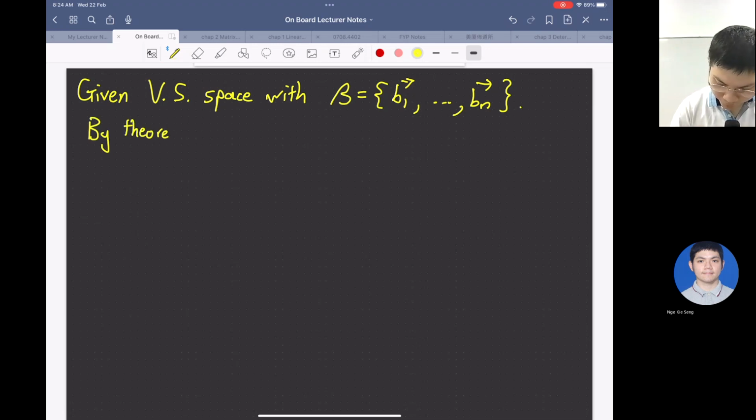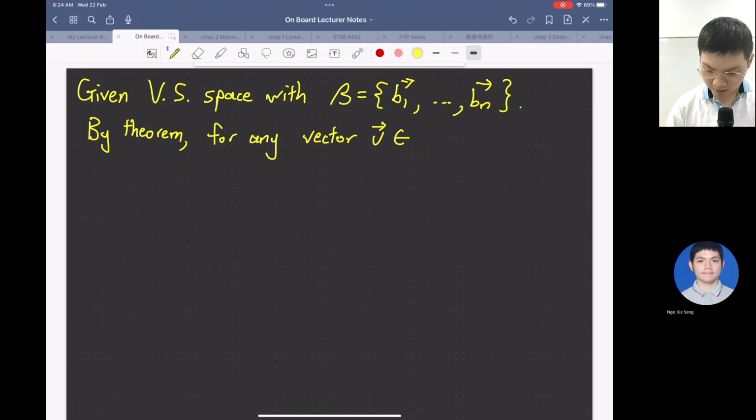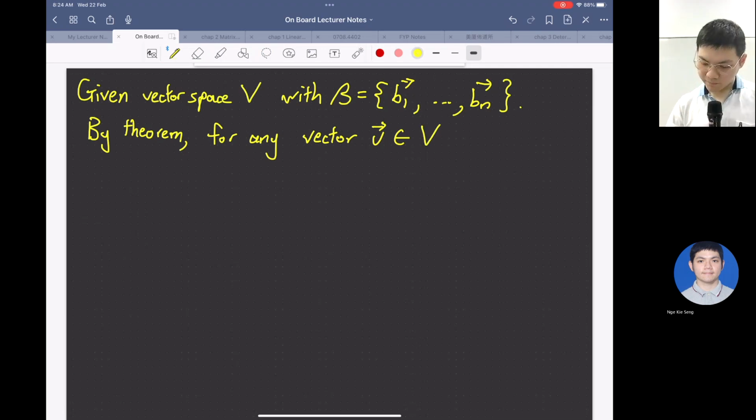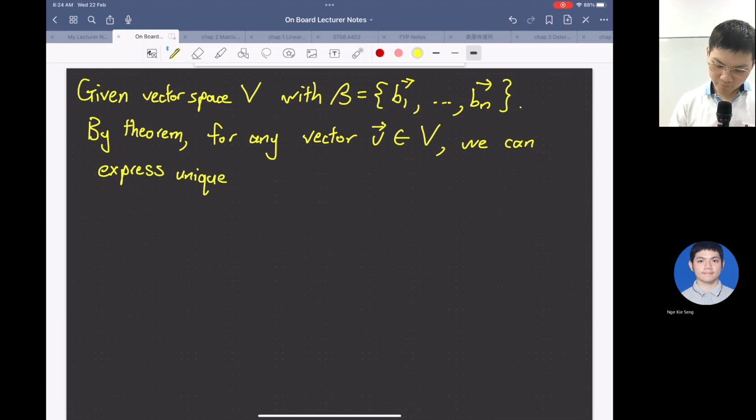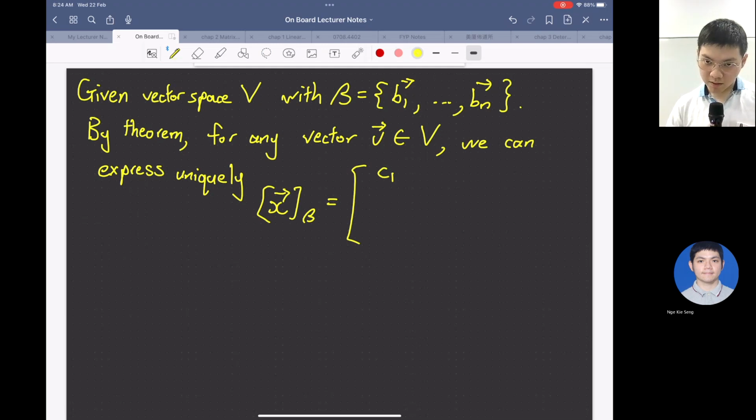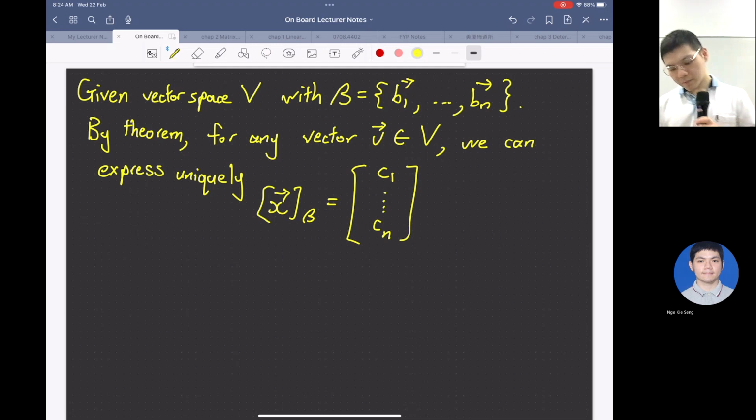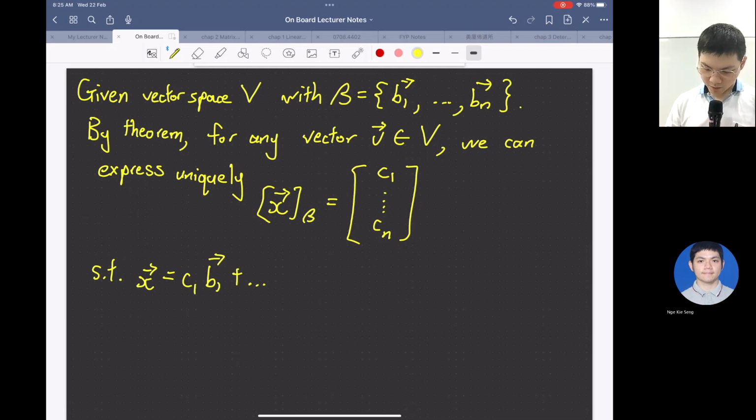By theorem, for any vector x in the vector space V, we can express it uniquely in terms of c1 up to cn, such that x is equal to c1 times b1 up to cn times bn, which are the coefficients you express in your basis.